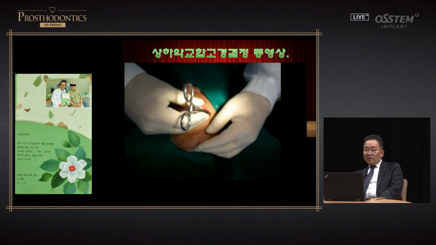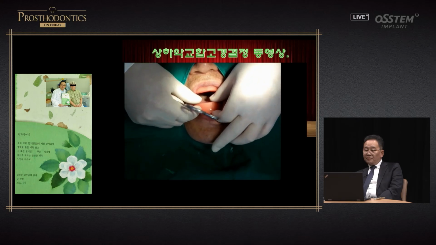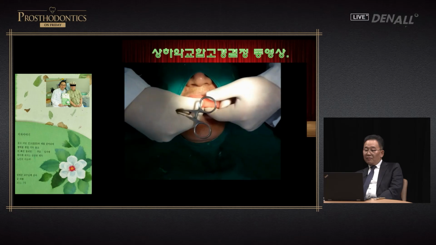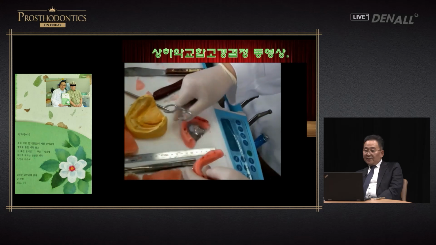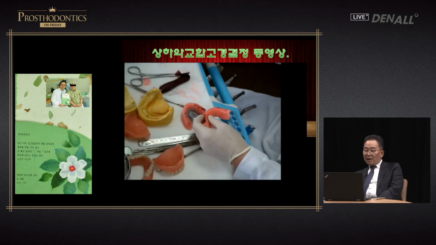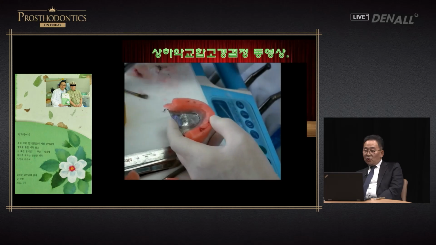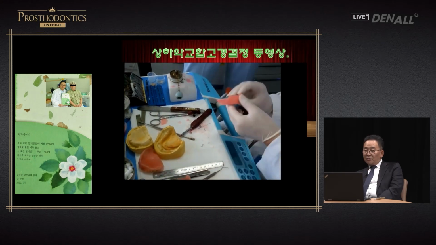You need to have evidence, so once you use articulating paper, you can see the marks here. You can see the red, and in that area, you just grind it off. It's natural, and it's of great help.